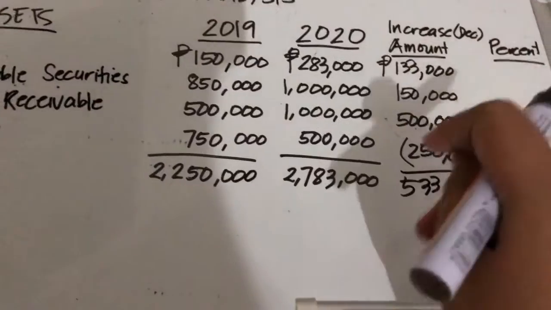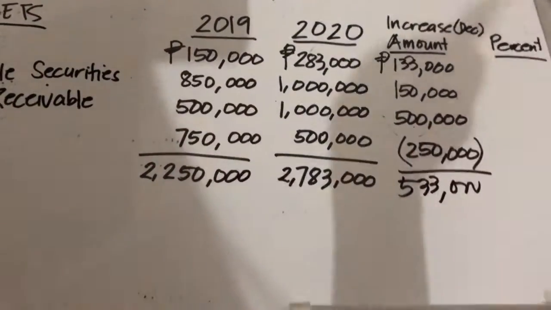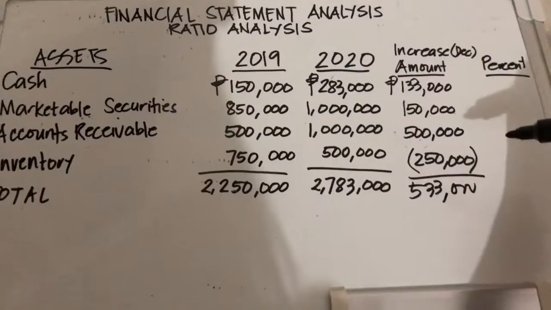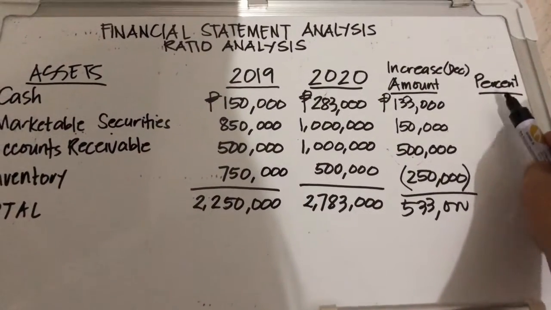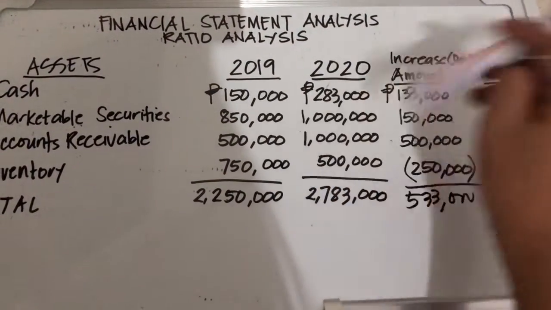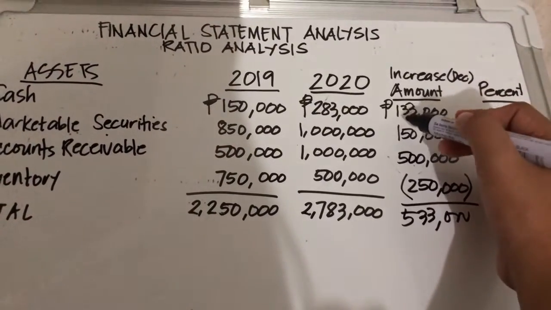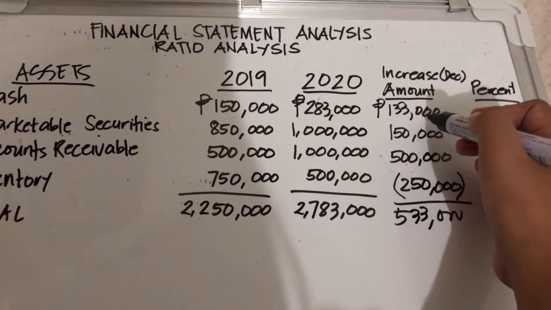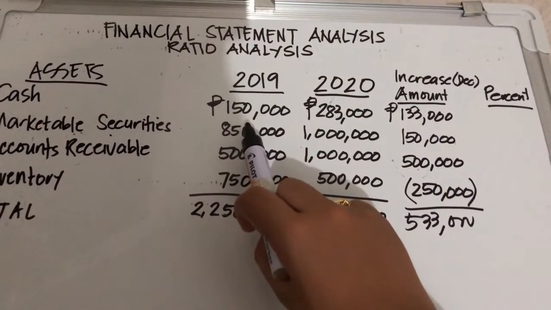How do we get the percentage? Kumbaga, nung difference sa amount na to. So, what are we gonna do? Ano natin makukuha yung percentage dito? Yung percentage of difference sa amount ng 2020 tsaka 2019. So, all you have to do is to divide 133,000 by the previous year or 150,000.